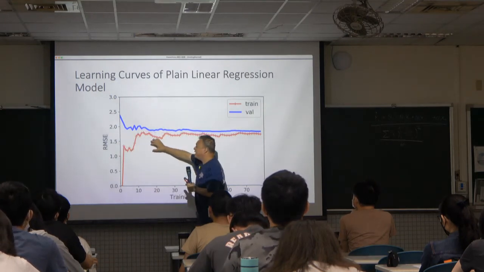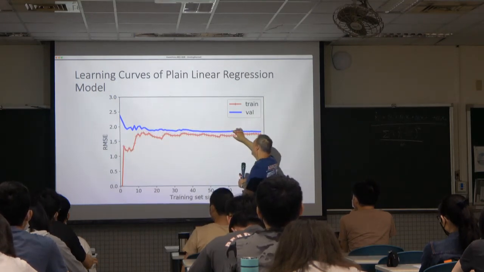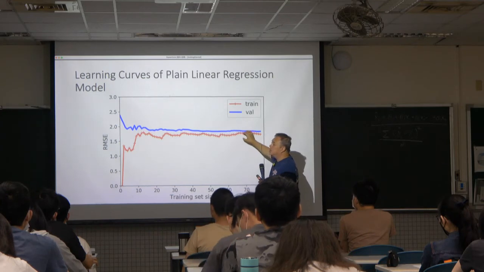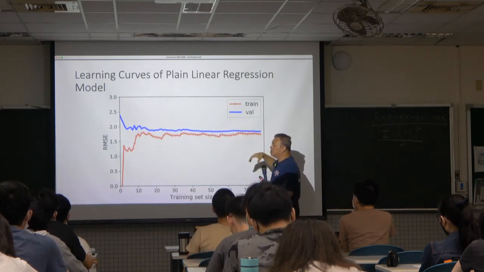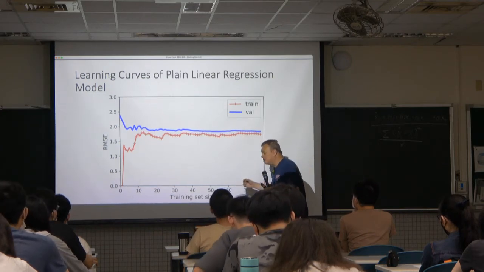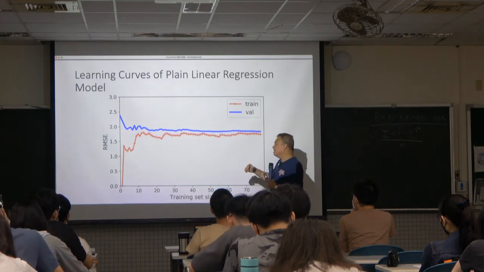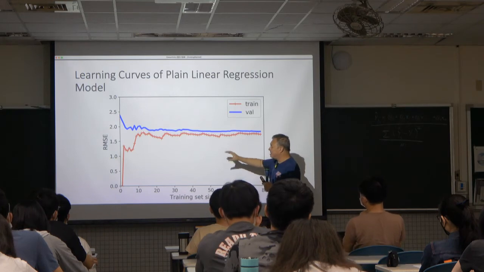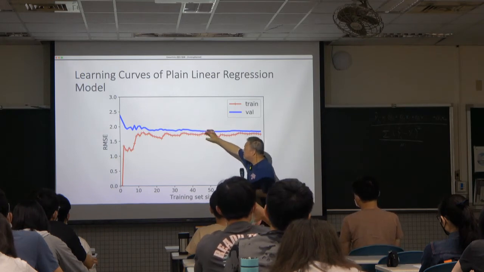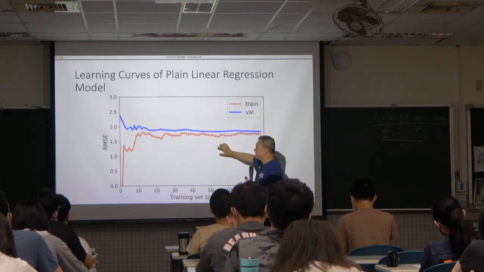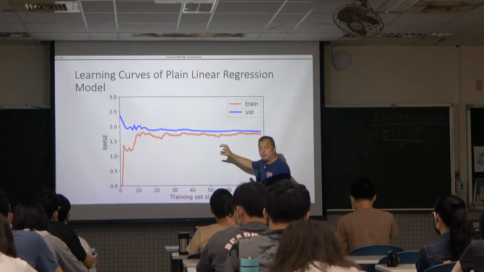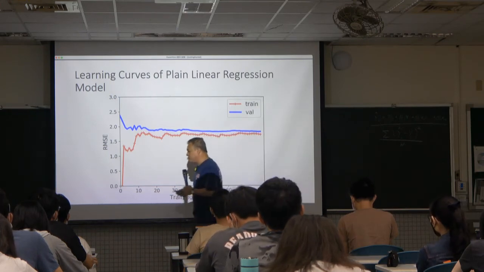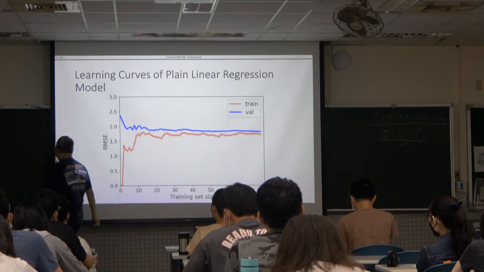It doesn't go down. If your model is good enough to capture the trend, the two lines should be close, but they should also be getting lower. So this is the underfitting situation.